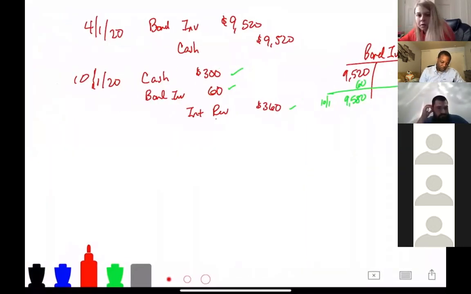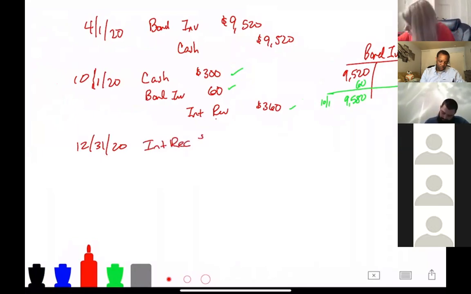So when we get to 12/31, even though the company that we're investing in is not going to pay us anything, they still owe us interest receivable, $150 in interest.